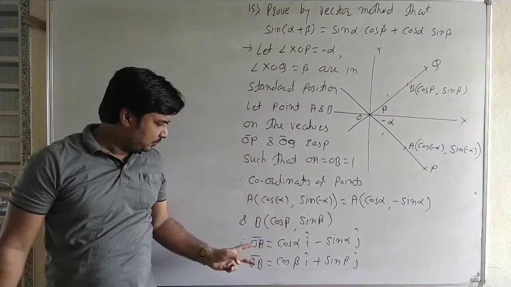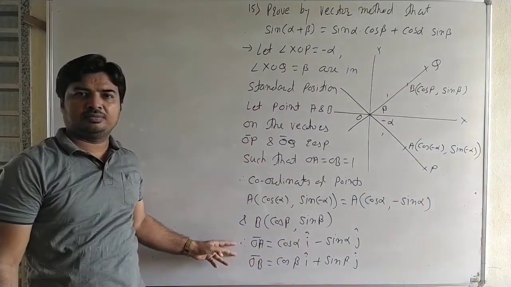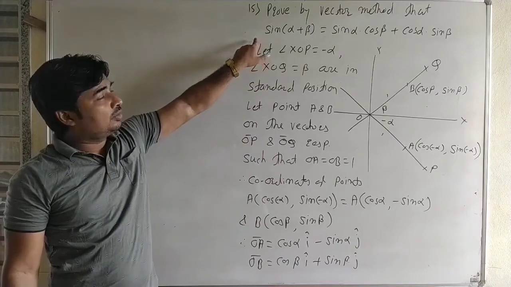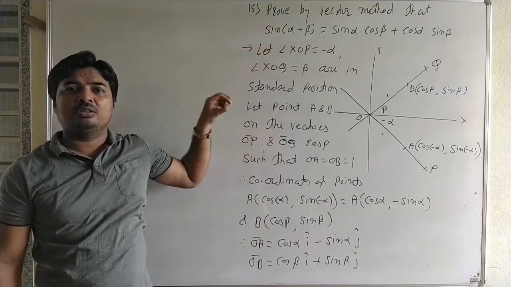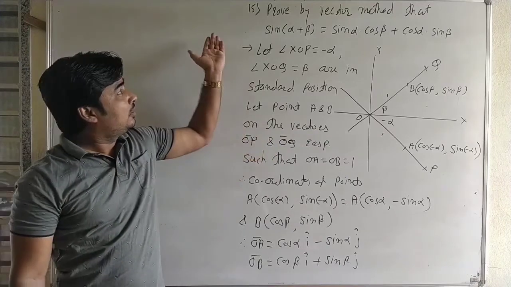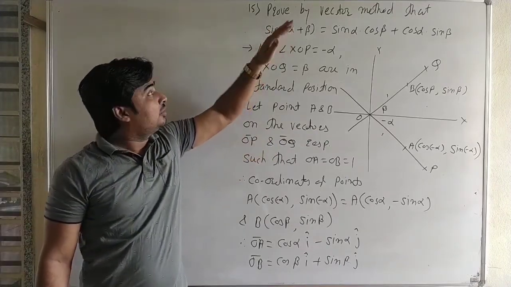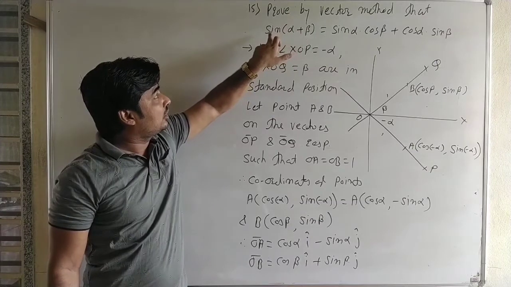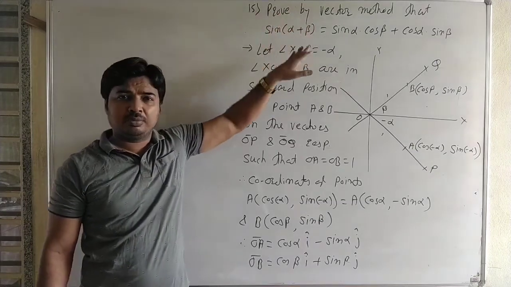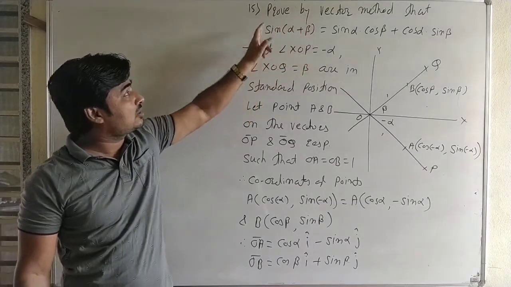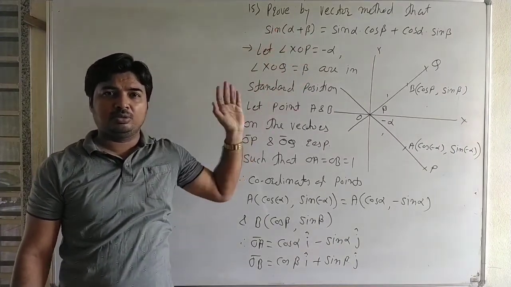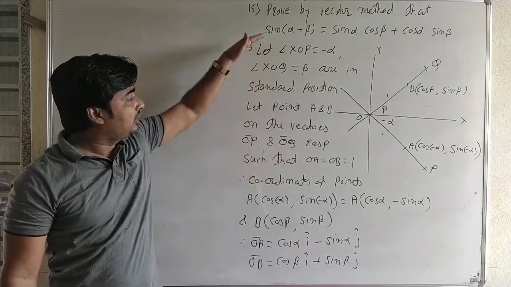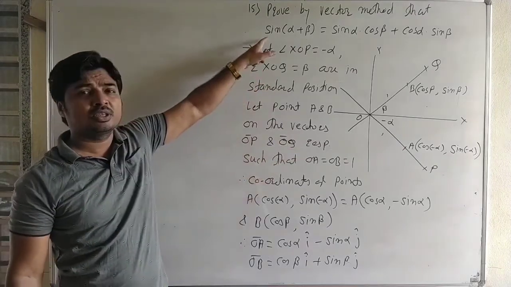Now we take the cross product of these vectors. Okay, we get the trigonometric formula for the sine, therefore we take the cross product. If we want to find the trigonometric ratio of sine, it is sin alpha plus beta; when we find cos alpha minus beta, then we use the dot product, because in the definition of dot product we take the cos, and in the definition of cross product we take the sine.